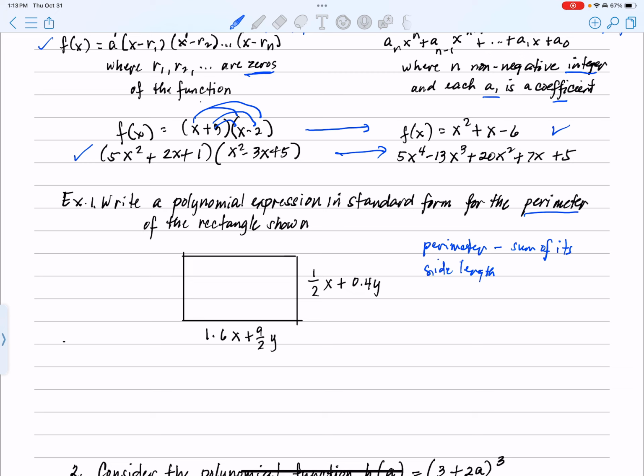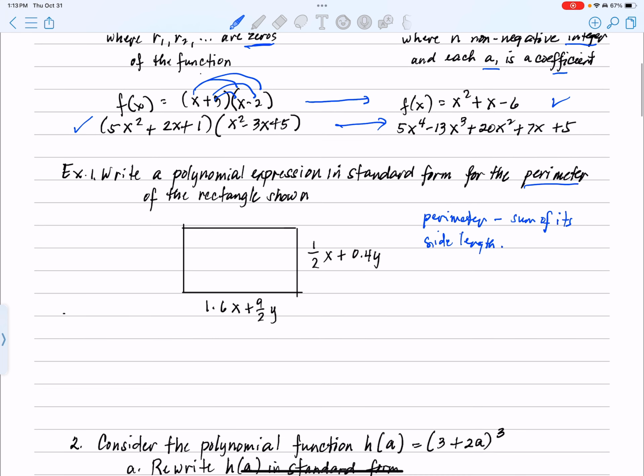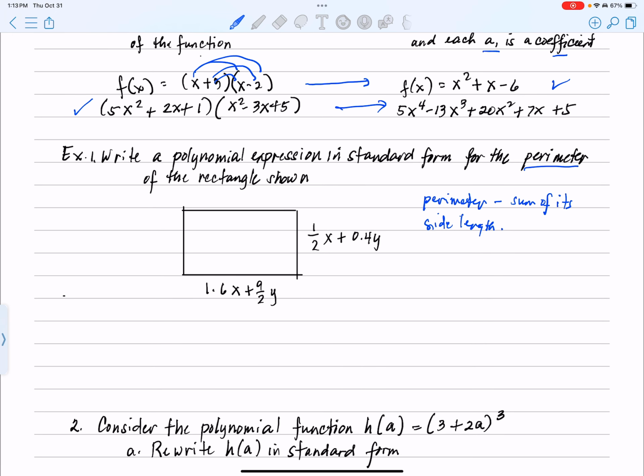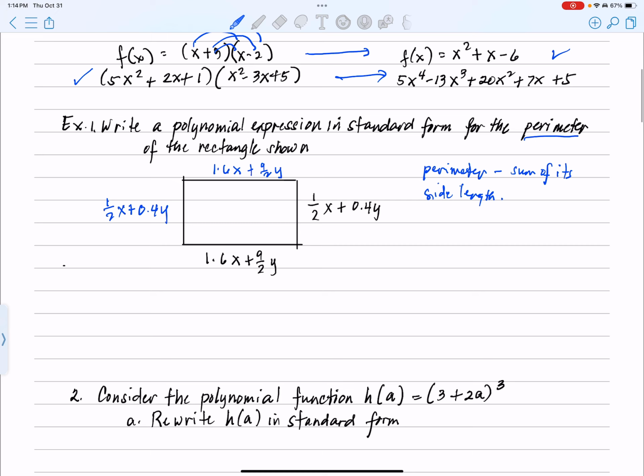One side is given as 1/2 x plus 0.4y, and the other side is given as 1.6x plus 9/2 y.